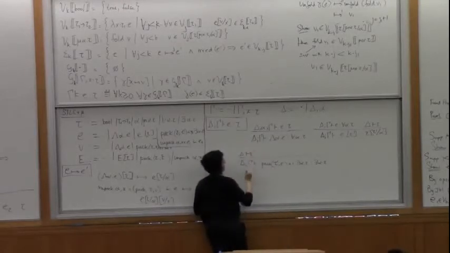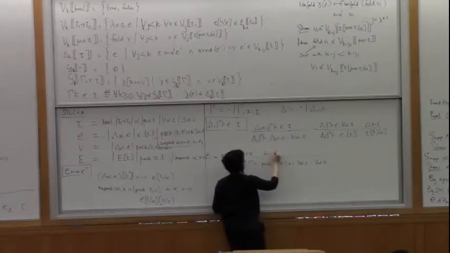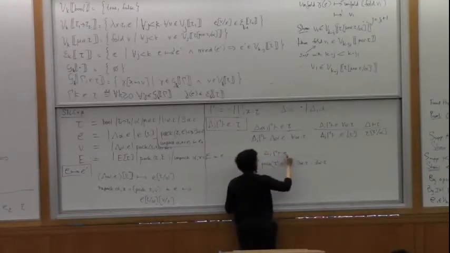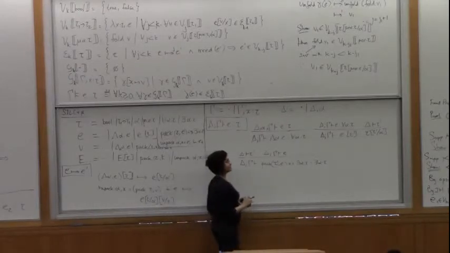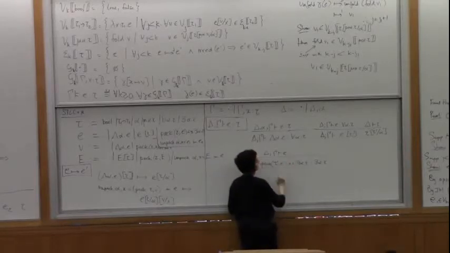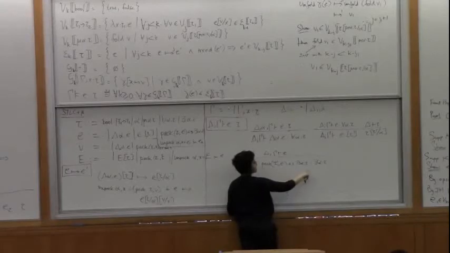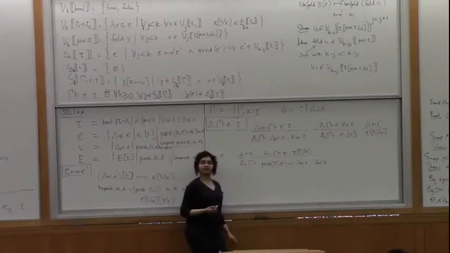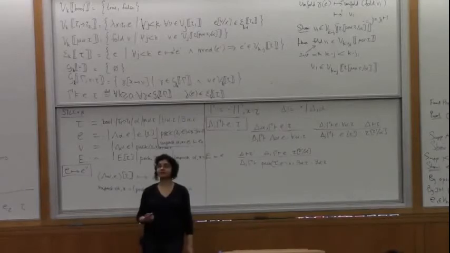Okay, if tau prime is well formed under delta, right? And E has what type? E has to have type tau with tau prime for alpha.